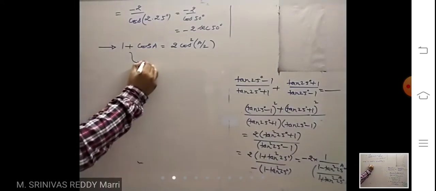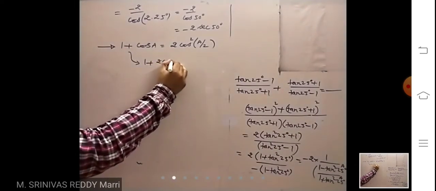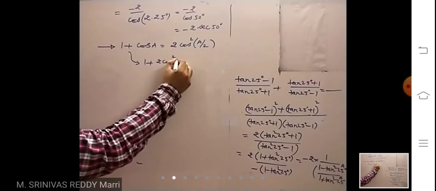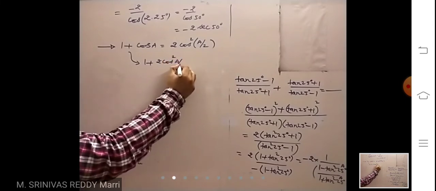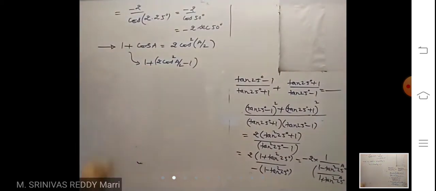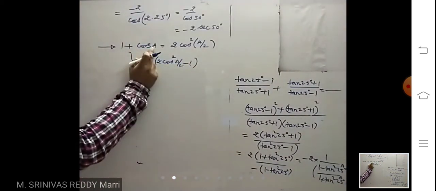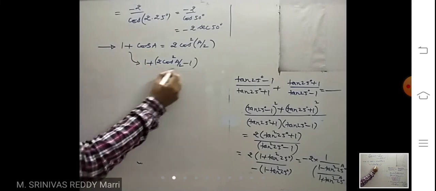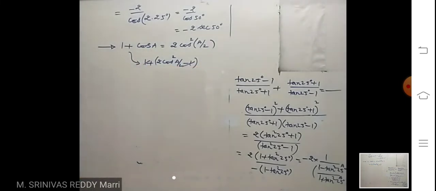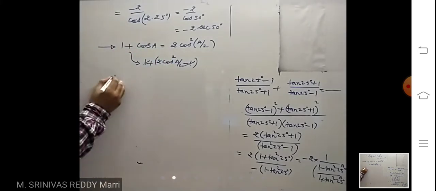How? I am writing cos a. The cos a formula in terms of cos is 2 cos square half the angle minus 1. So it is 2 cos square a by 2 minus 1. This one will get cancelled. So 1 plus cos a is nothing but 2 cos square a by 2.